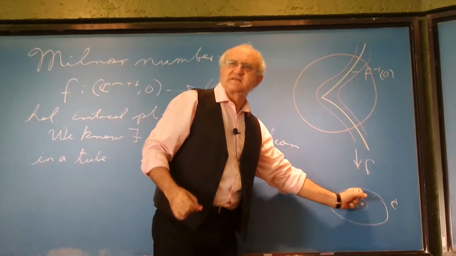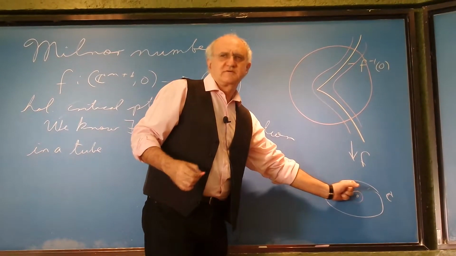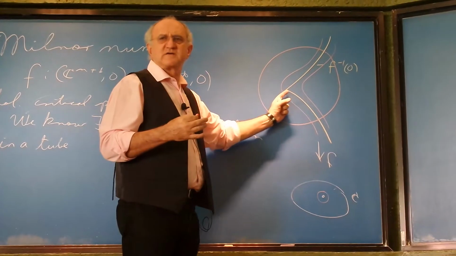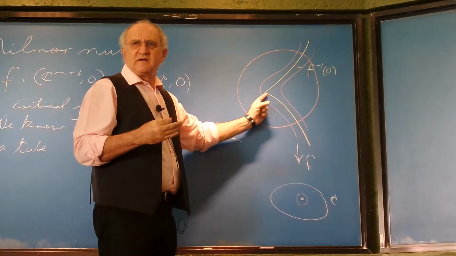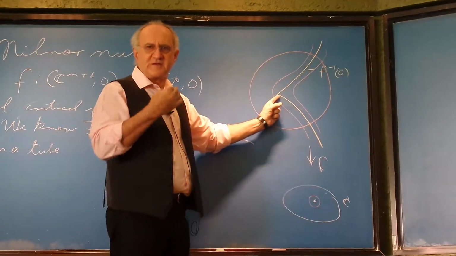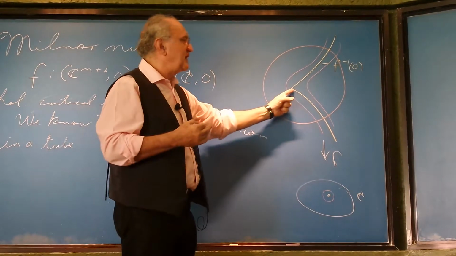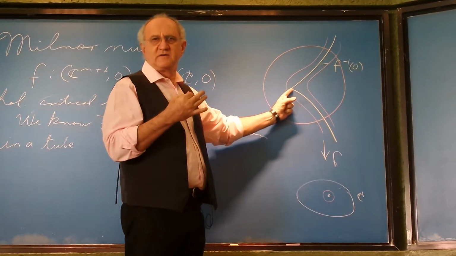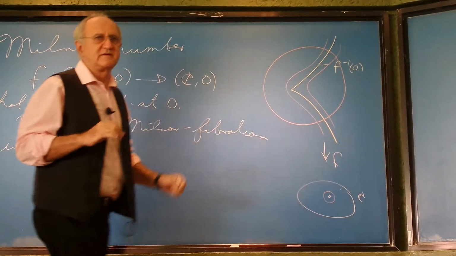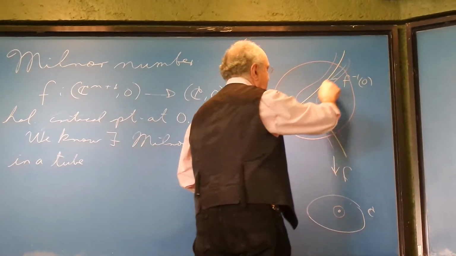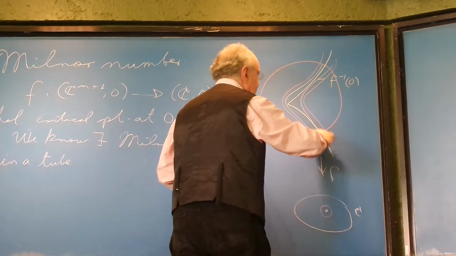That such a disk exists is an easy exercise to show when we have an isolated critical point, and it's a consequence of a deep theorem when we have only isolated critical values. So we take a sufficiently small disk so that all the fibers here are transversal to this sphere.